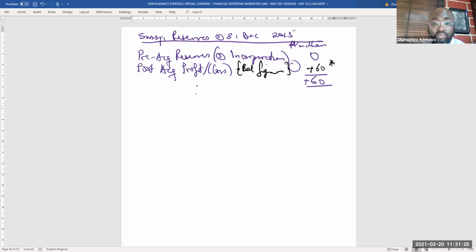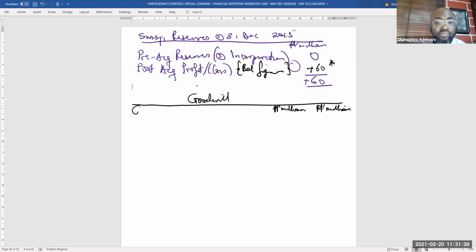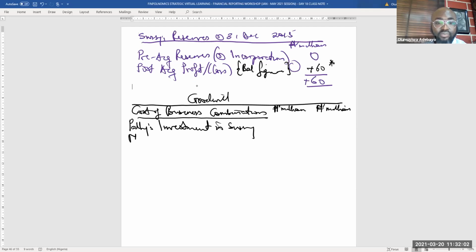Now let's determine goodwill, if any. Cost of business combination: Pali's investment in Susie, and NCI's investment.